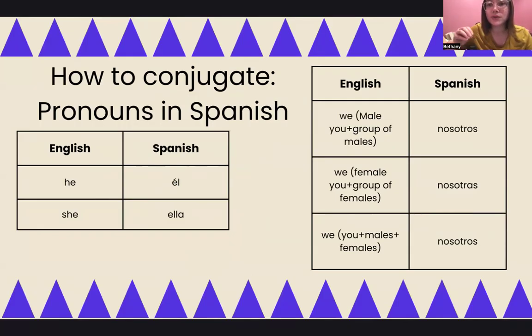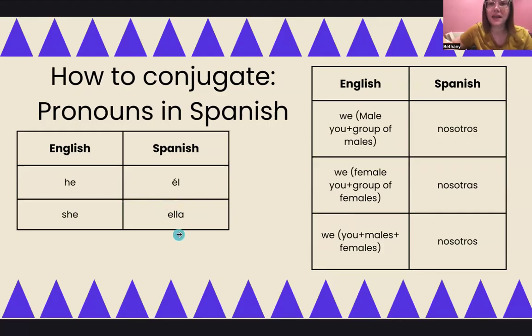I'll have to make a whole video about when to use accent marks, but it's used when the emphasis of the word is not usually where it would be. So they changed where the emphasis of the word is, so it needs an accent mark so everybody knows where to emphasize that part of the word.